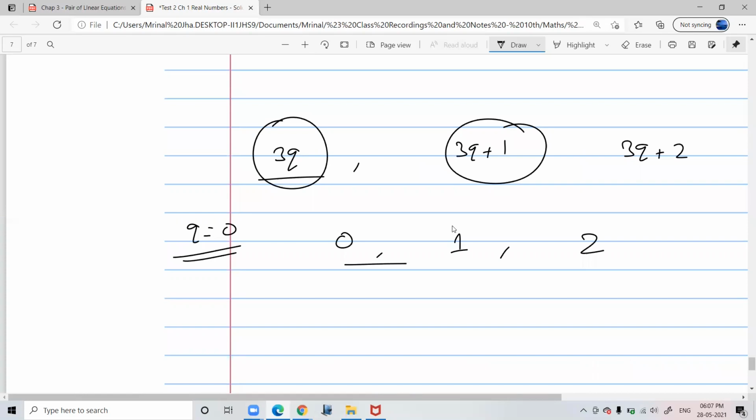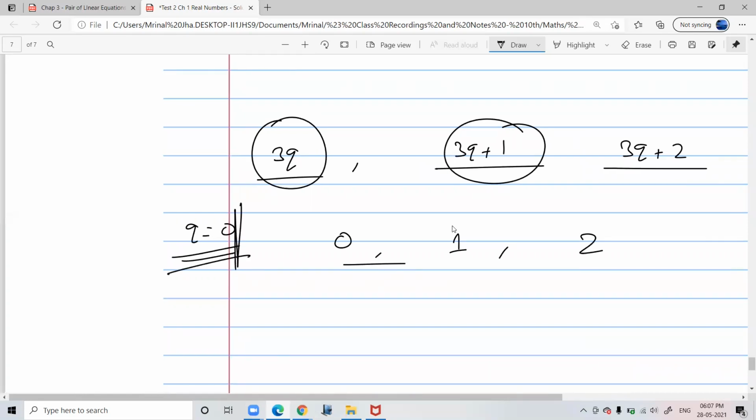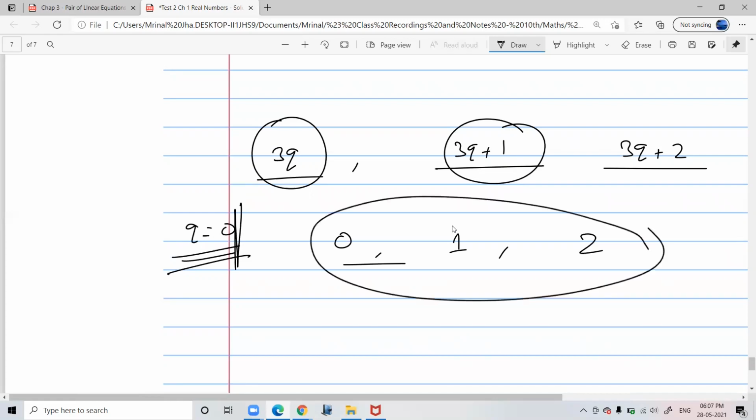By writing 3q, 3q plus 1 and 3q plus 2 with q equal to 0, I am writing 3 consecutive numbers, and out of these, only one of them is divisible by 3. In this case, I took 0, but they said that q is a positive integer, so we can't take 0 basically. We should have taken q equal to 1.